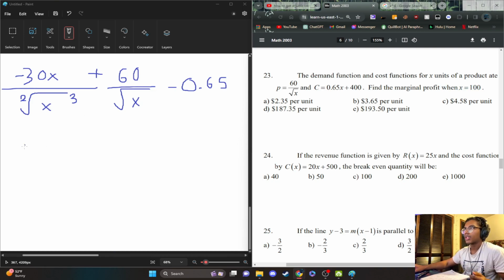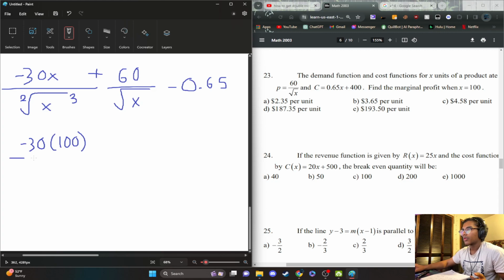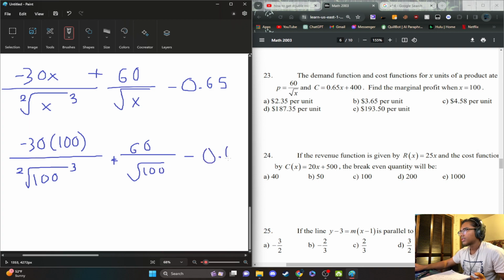So x equals 100, let's plug that in. So you have negative 30 times 100 over the square root of 100 to the third, plus 60 over the square root of 100, minus 0.65.